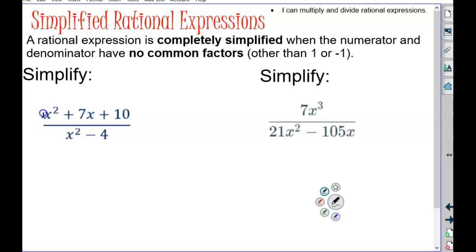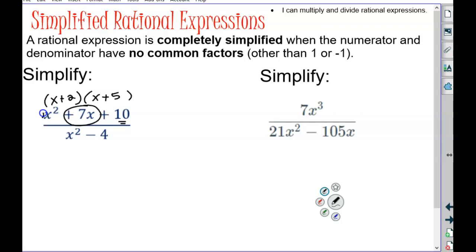However, it starts with an a value of 1, so we're hoping most of these you can do in your head. We don't want to show a ton of work, but let's think of factoring the top. What are factors of positive 10 that add up to give me 7? Perfect. So x plus 2, x plus 5.